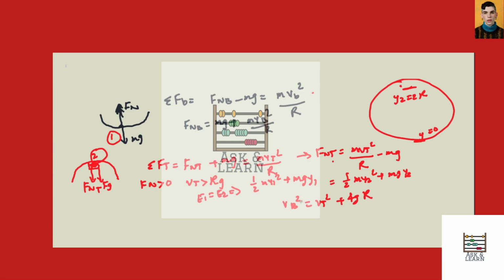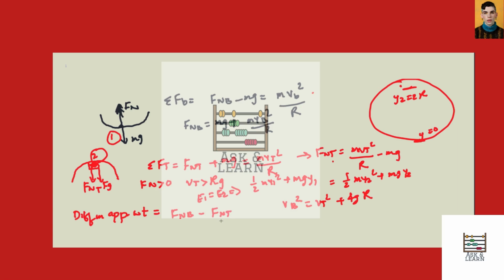And what they're asking here is the difference in the apparent weights. The difference in apparent weights is actually the difference in the normal forces, because apparent weight is what you feel, and you feel the normal force. So it is Fn bottom minus Fn top.